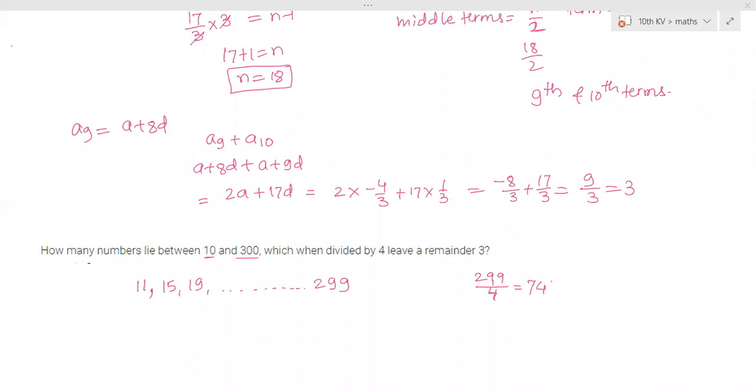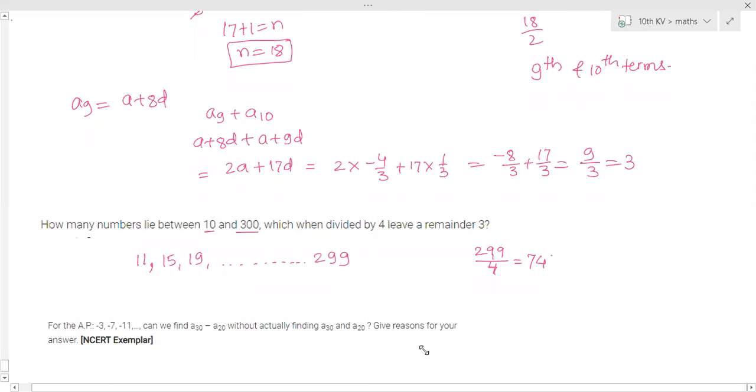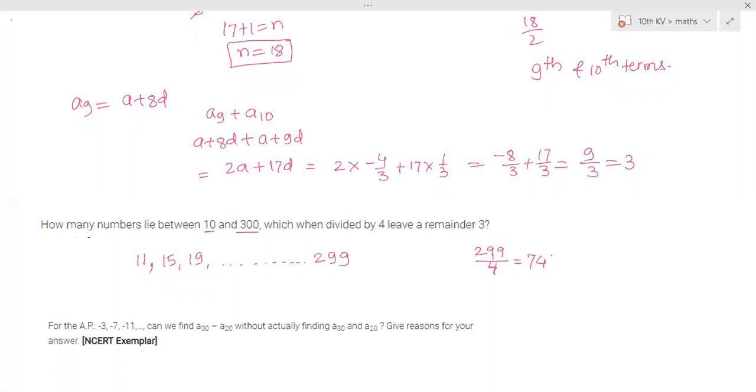Yes, right, 73. Yes, Rohit. Right, right, Karthik.